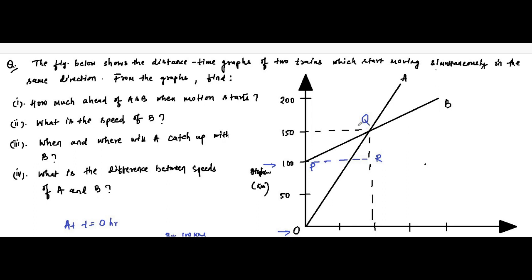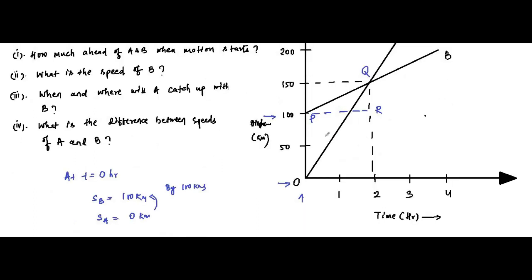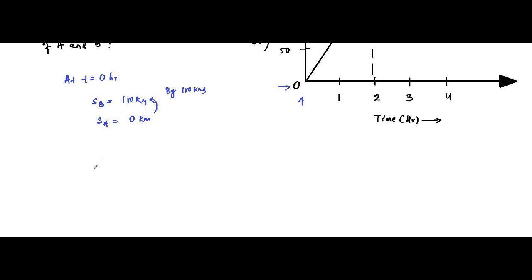From this PQ portion, that is from 0 hour to 2 hours, the speed V is the final distance minus initial distance by final time minus initial time.